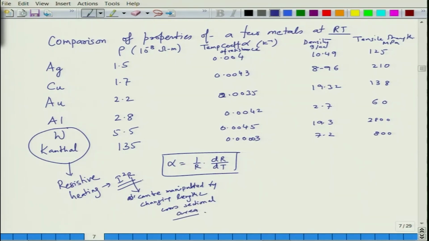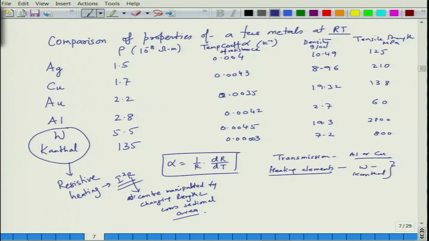Okay, so for power transmission lines we use either aluminum or copper because of their fabricability, mechanical strength and low I square R losses. And for heating elements, which should not melt easily, we use tungsten as well as canthal.